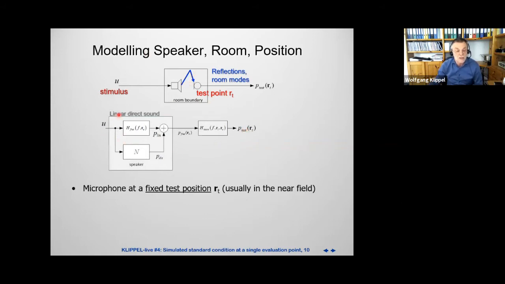We have here our linear direct sound model. For the linear part, for the linear signal P lin, we have here a linear system H3, which just models that up to the evaluation point, which is usually at 1 meter.